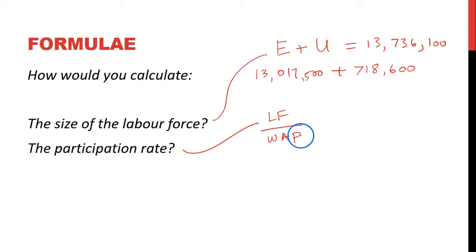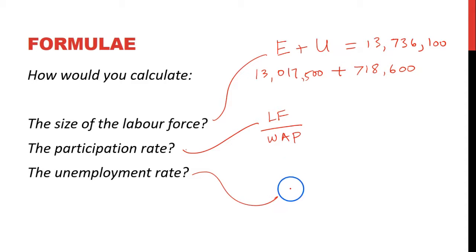But what about the working age population? In order to find that, we're going to have to go back to the Bureau of Stats website to find that information. But before we do that, let's go to this one, the unemployment rate. The unemployment rate is going to be the number of people unemployed divided by the labour force. And we have all the information we need for that. That's straightforward.